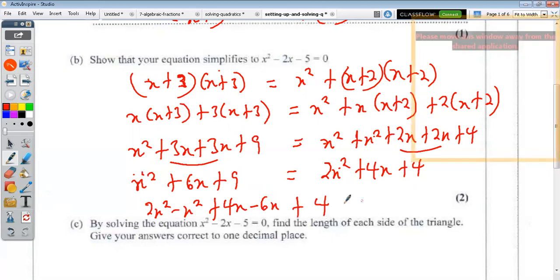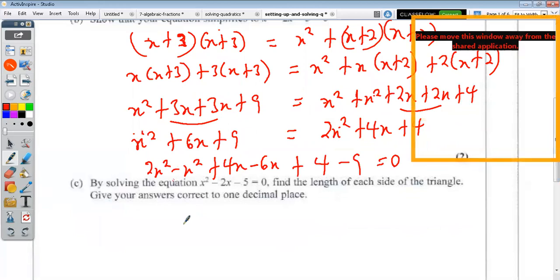Move the 9 to the other side, it becomes a minus 9 is equal to 0. Now, this gives you x squared, 4 minus 6 is a minus 2, but it's in terms of x there, 5 minus 9, you can check in the calculator, that's a minus 5 is equal to 0. Done.